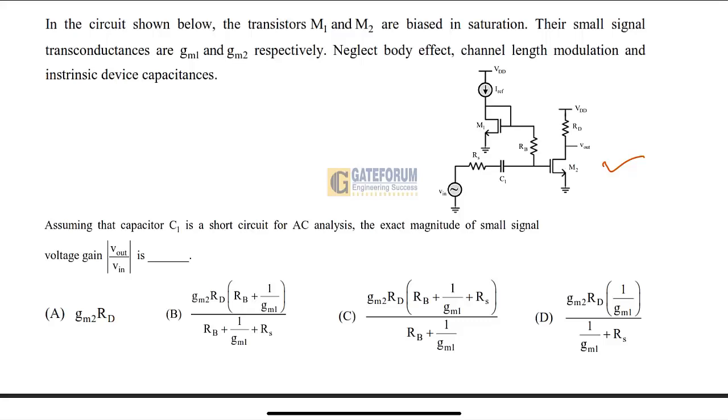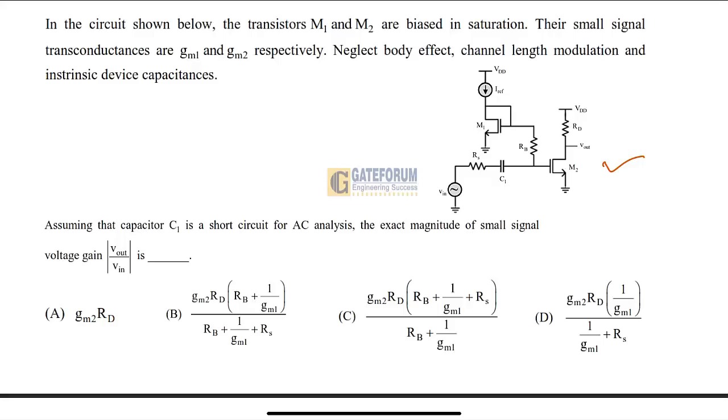Assuming that capacitor C1 is a short circuit for AC analysis, the exact magnitude of the small signal voltage gain Vout by Vin is, fill in the blanks. The answer is given in these four options A, B, C, D. Out of these we have to find the correct answer.